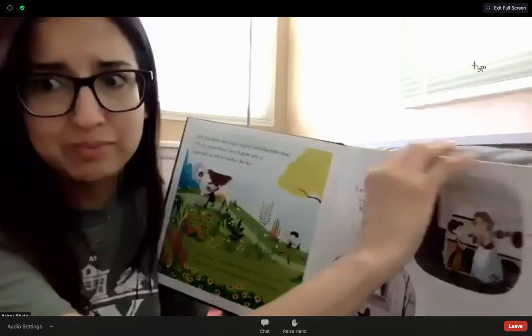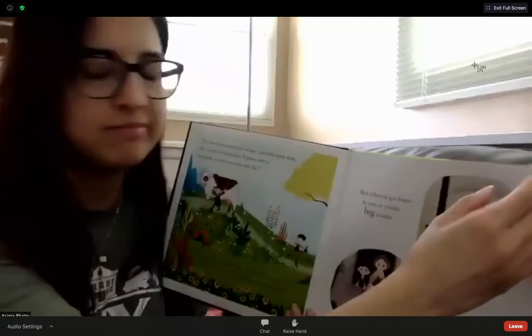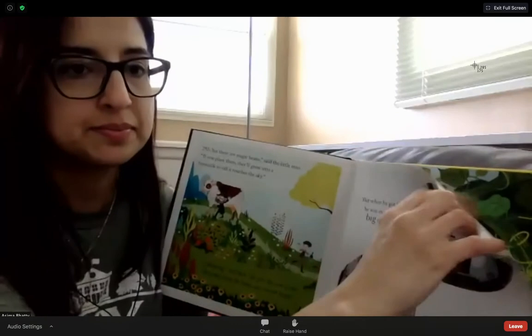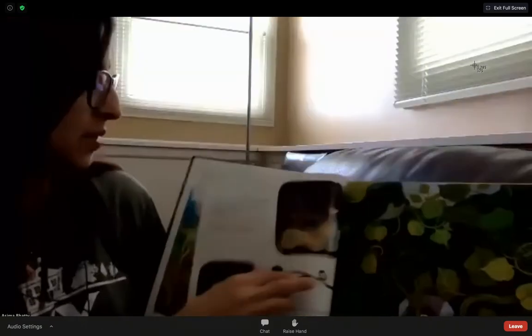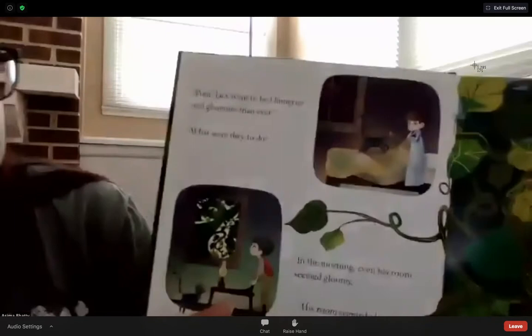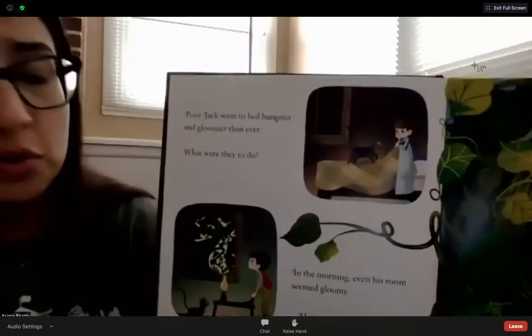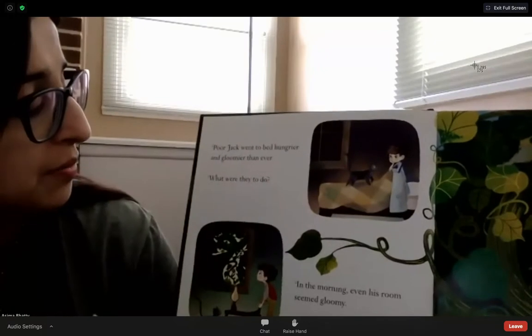Oh gosh, she's like, well, these are just useless beans. We don't even need these, so she just tossed them out the window. All right. Poor Jack went to bed hungrier and gloomier than ever.